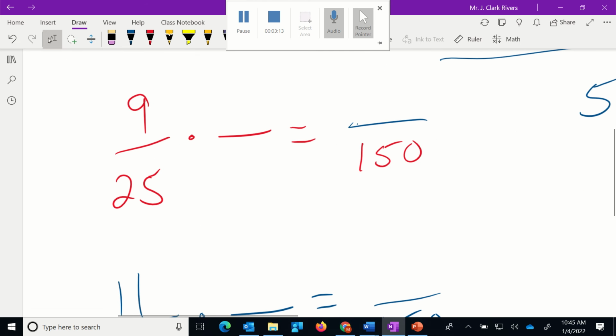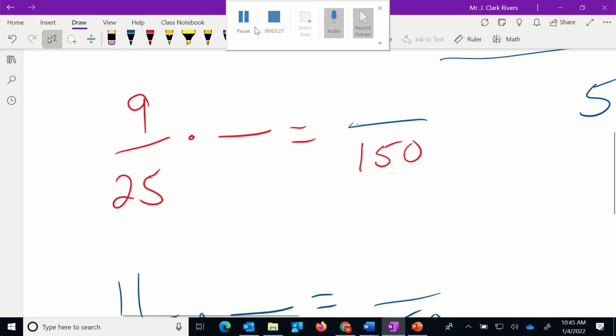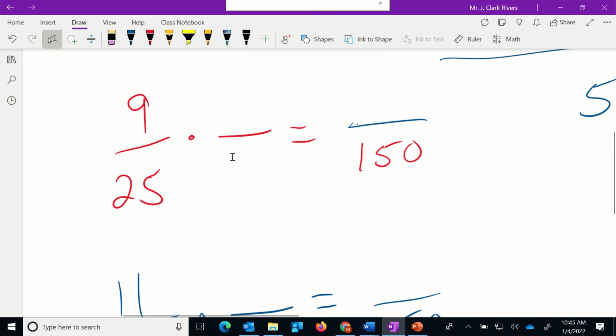Okay, focusing first on 9/25. 25 multiplied by something is 150. So 25 times 4 is 100. So 25 times what is 150? 6, right? 25 multiplied by 6. 1, 2, 3, 4, that's 100. 5 of them is 125, 6 of them is 150.